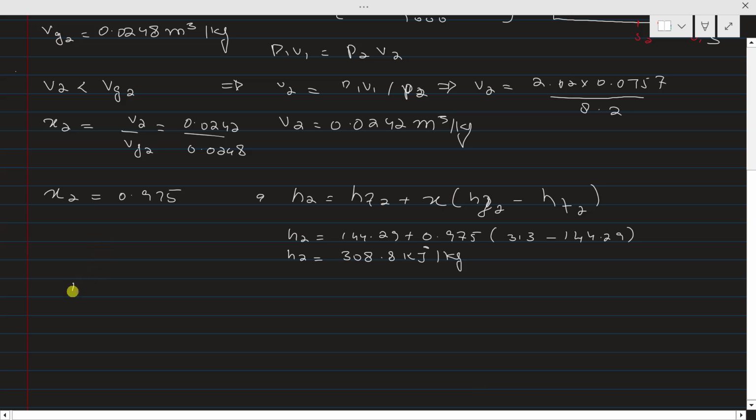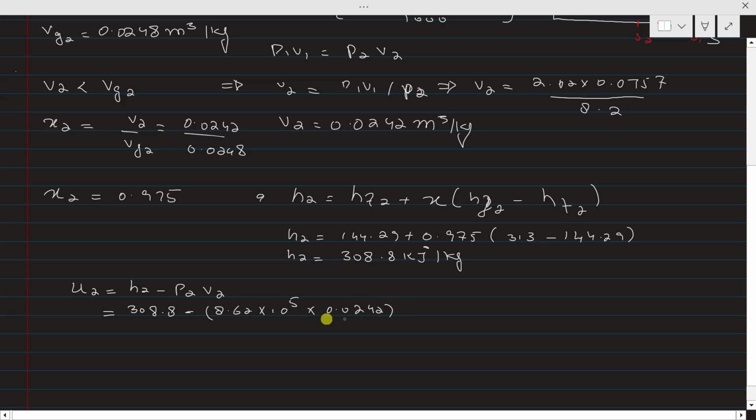Now the internal energy at state point 2 is equal to H2 minus P2 V2. So what is H2? That is 308.8 minus pressure P2, that is 8.62 bar in pascals, multiplied with volume, that is V2, 0.0242.